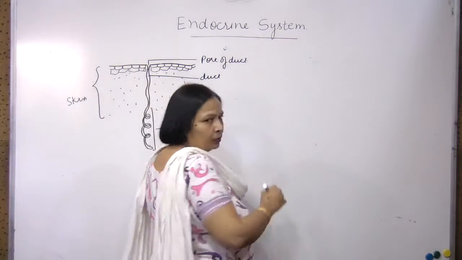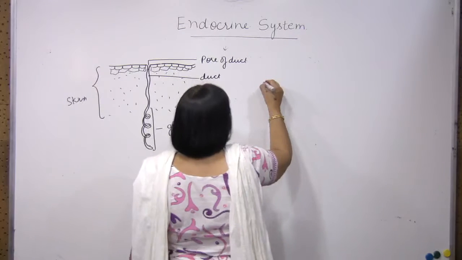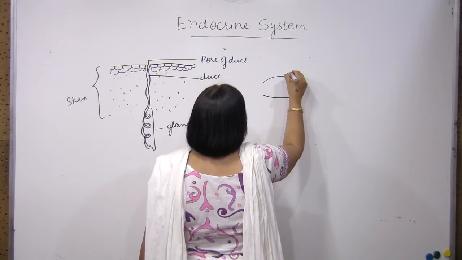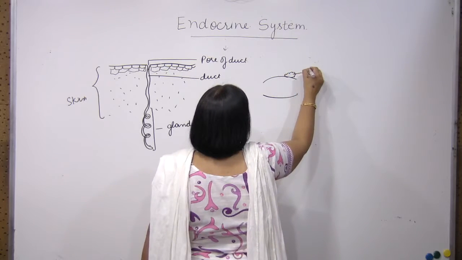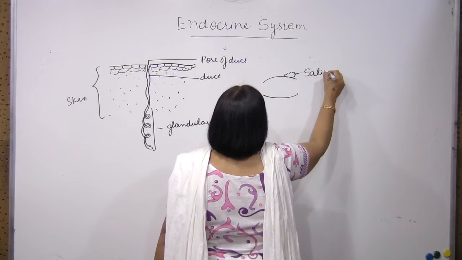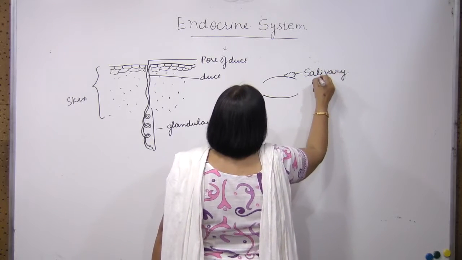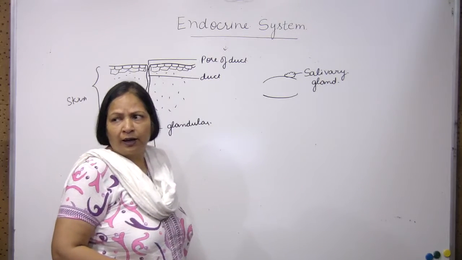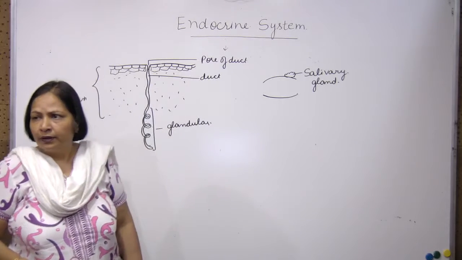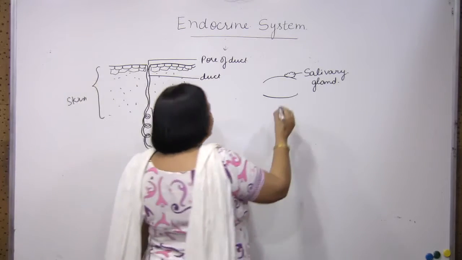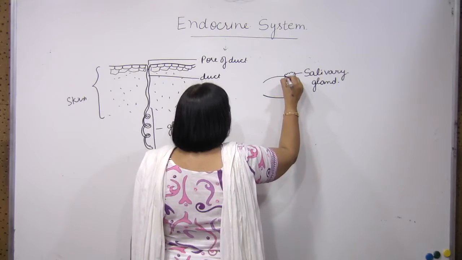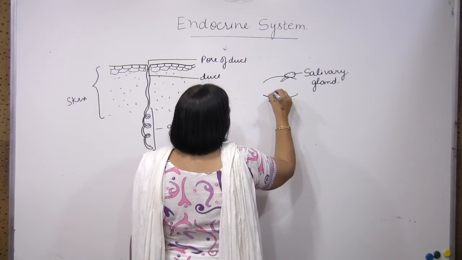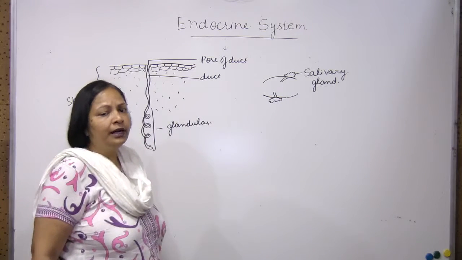Likewise, in our mouth, what is present here? This is salivary gland. Salivary glands are present at many places, and these salivary glands open in the buccal cavity through duct of salivary gland.